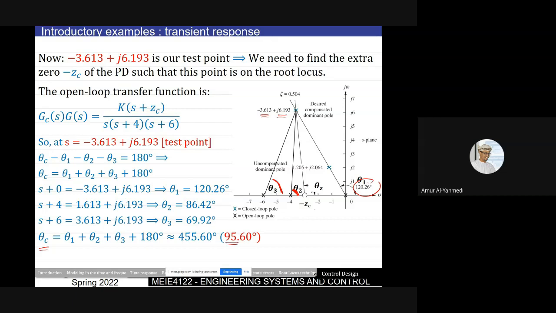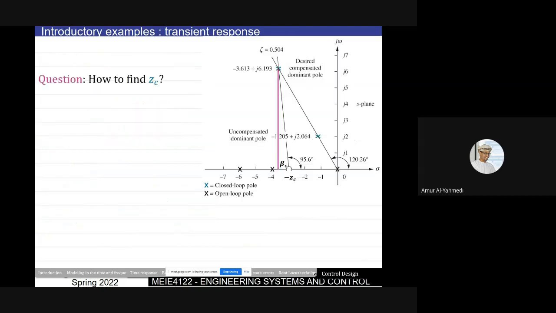So this angle here, theta z, is 95, from which I can get the position of the zero, as we just did. We can calculate that position to have this angle, 95.6. Since this one is 95 and this is 95.6, you can get this angle here, and from it you can get the position of your zero.